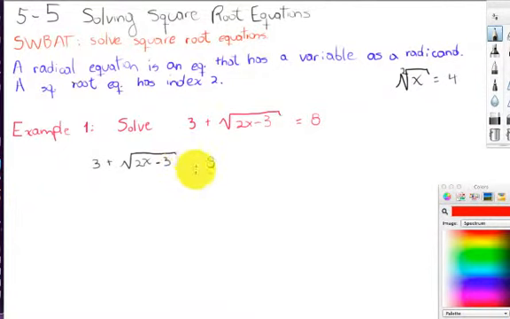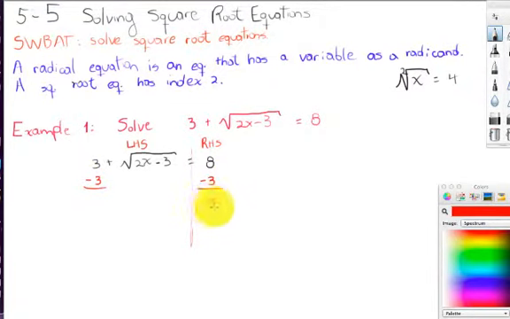And by side I mean, some of you do this little line and you separate two sides using the equal sign. So I want all my constants on the right hand side. Let me call these the right hand side, and this the left hand side. So I want all my constants, all my numbers on the right hand side. So what do I do? I do a subtraction of 3 because I want to move it.